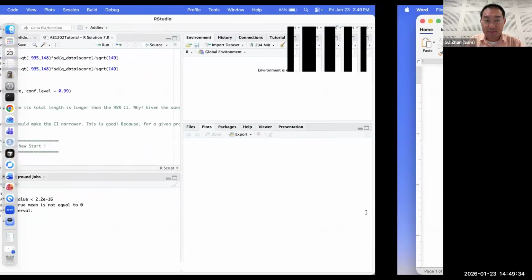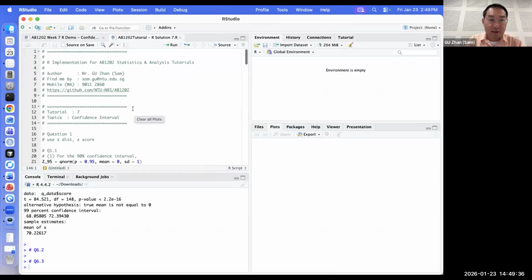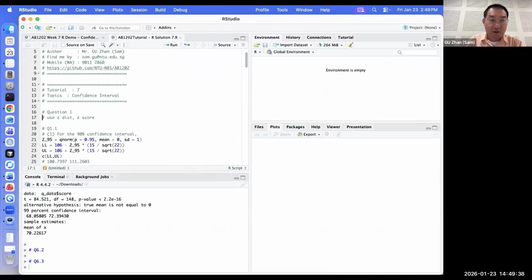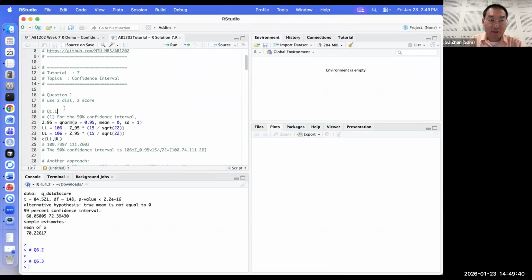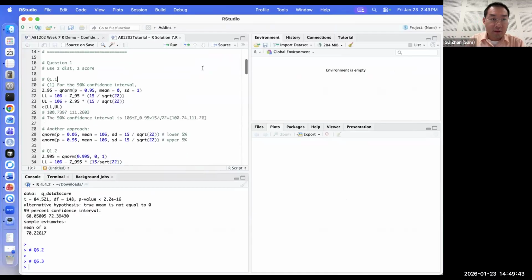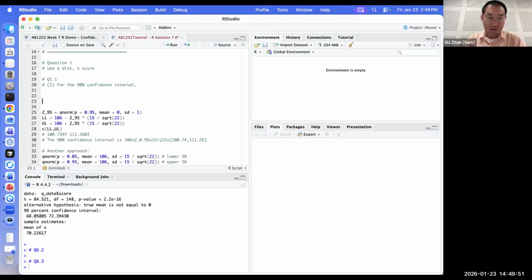Let's start with the first one. First, use this distribution and this score. For the 90% confidence interval, we need to find the z-score. How to find the z-score? We use qnorm, for the Z distribution.